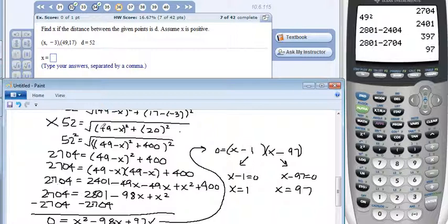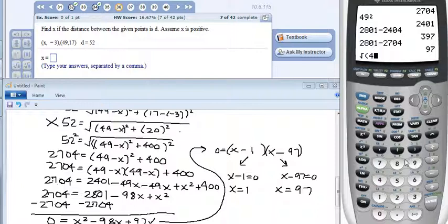Let's just try the 1, okay? So I have the square root of 49, I better get another set of parentheses in there, 49 minus 1. I want to square that.